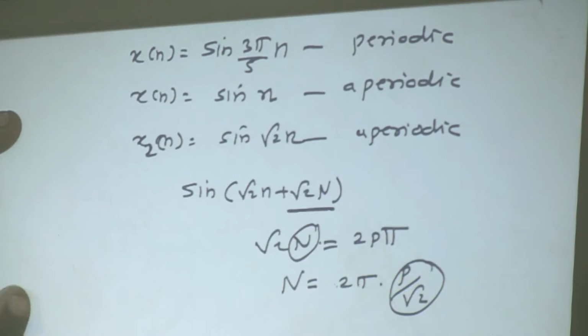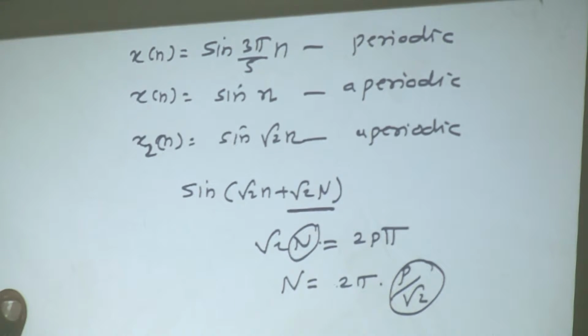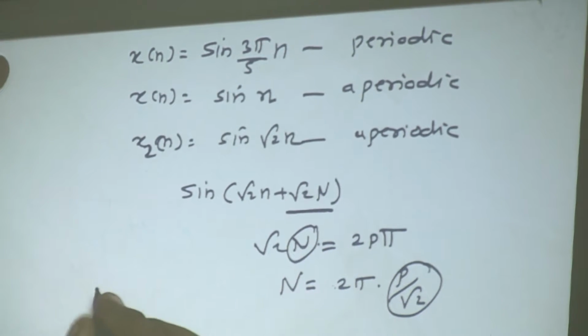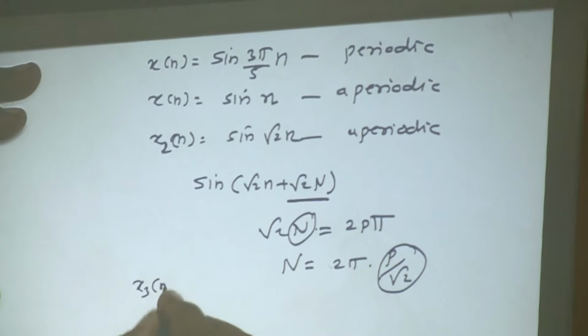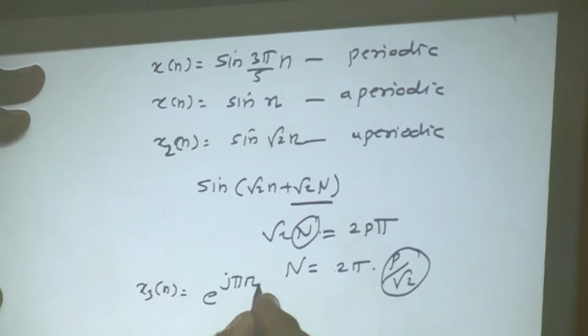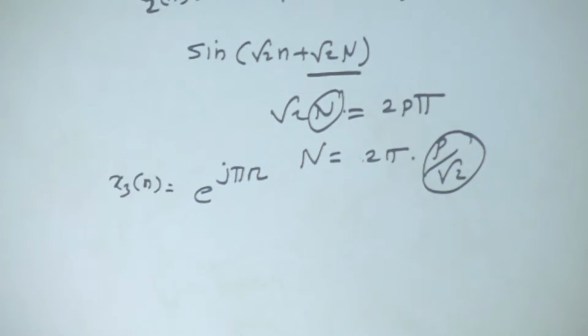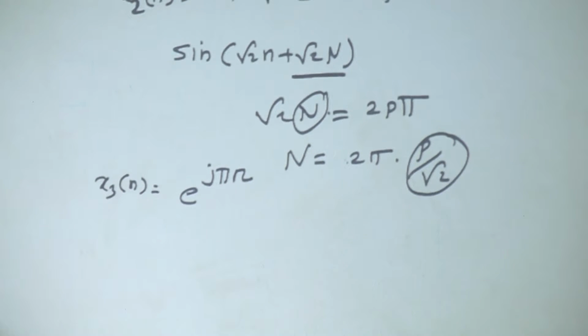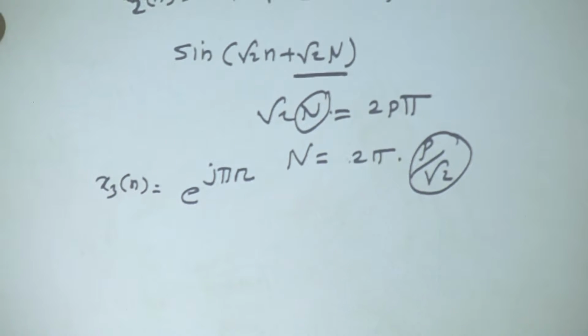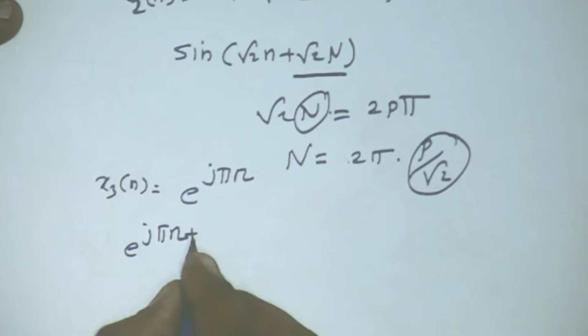Whatever is applicable to sine is also applicable to cosine. These are real signals. Now I have a third signal, that is a complex signal, e to the power j pi n. You check e to the power j pi (n plus capital N).